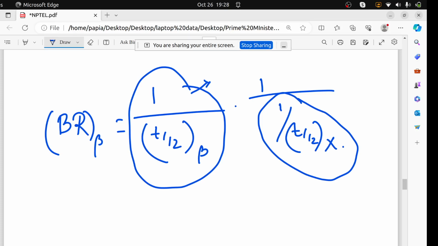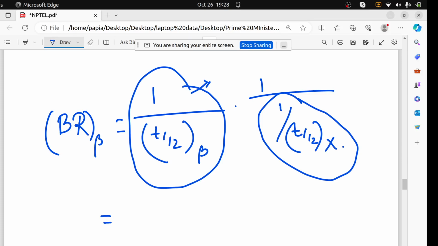So the branching ratio is nothing but the ratio of these two decays, the decay of X to beta divided by the decay of X to alpha, beta and gamma. In terms of half-life, I can write 1 by T half of beta into 1 over 1 by T half of X.